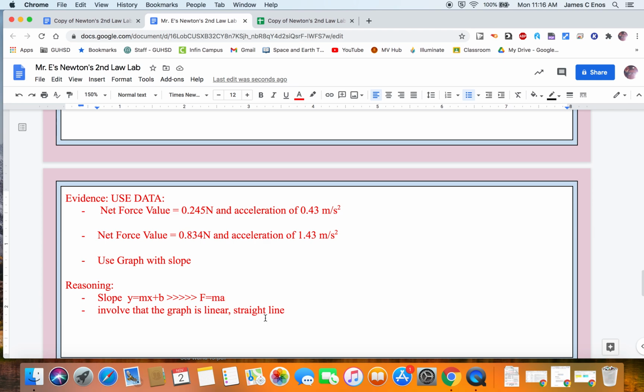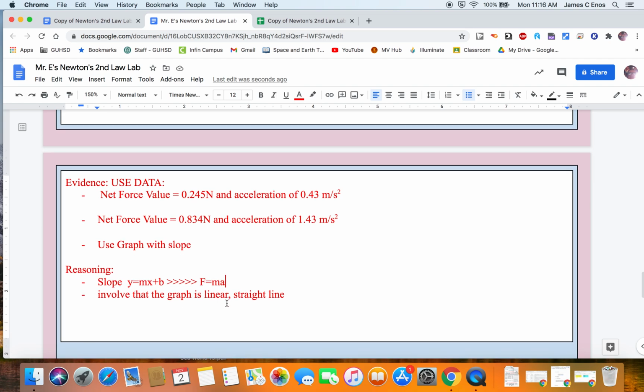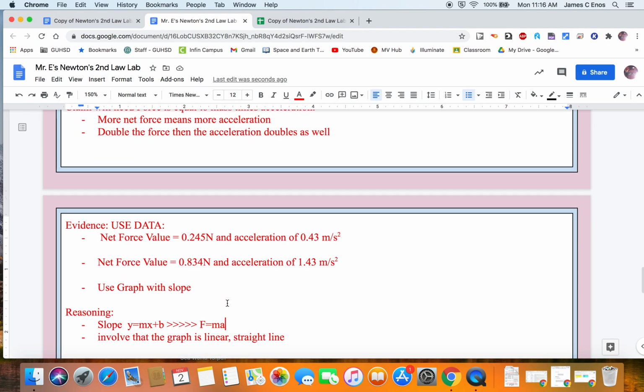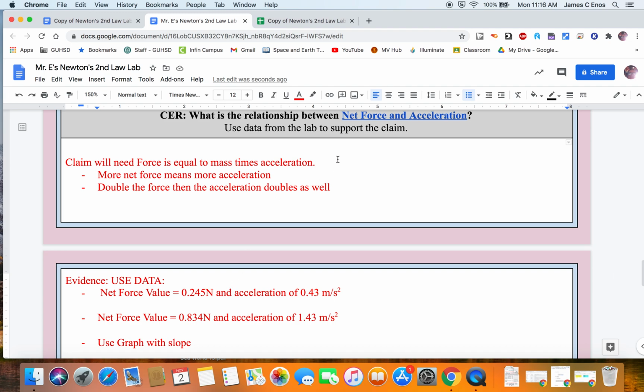Because you didn't change the mass in our Newton's second law lab, we kept the mass constant. Only the net force was changing, and thereby changing the acceleration of the system. So you need to say something about this linear relationship, and that linear relationship leading us to F equals ma.